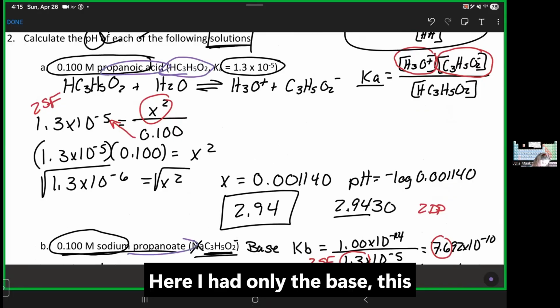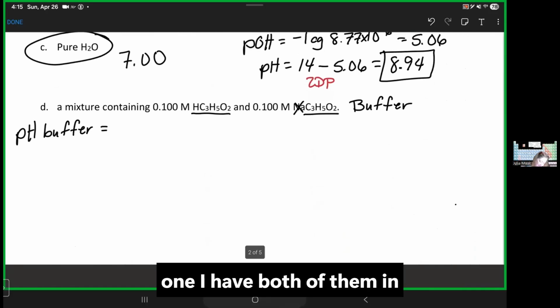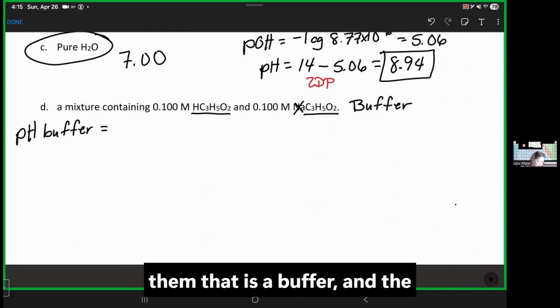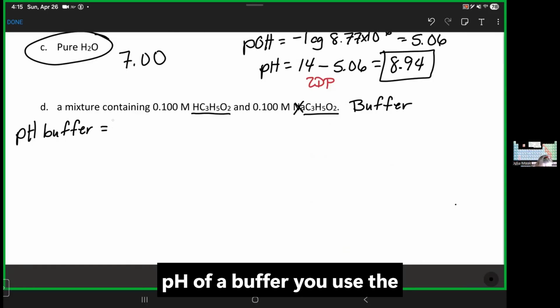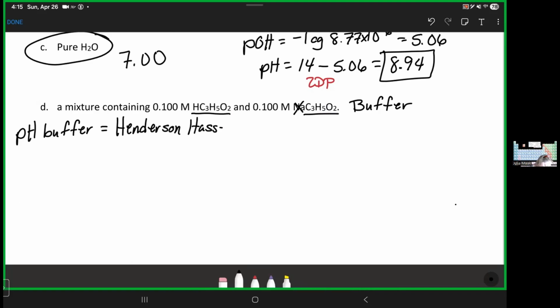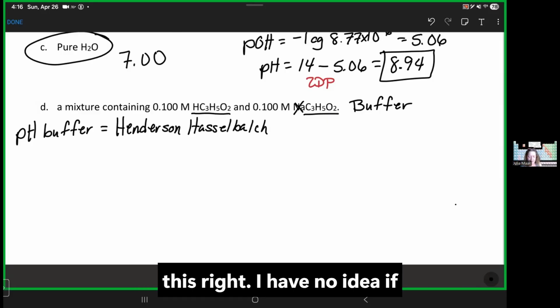Here I had only the base. This one, I have both of them in it. So if I have both of them, that is a buffer. And the pH of a buffer, you use the Henderson-Hasselbalch equation. I don't know if I'm spelling this right.